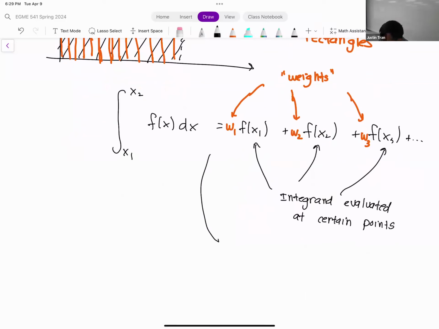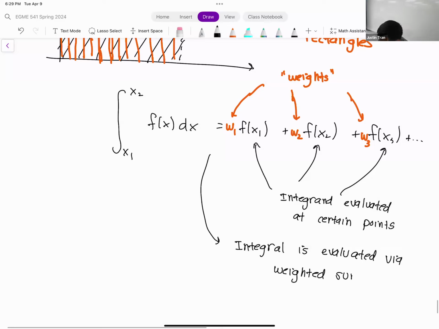And so the way that we evaluate this integral is now a weighted sum instead of a calculus operation. That's basically the name of the technique. A Riemann sum is nothing more than what we call a weighted sum type of method.